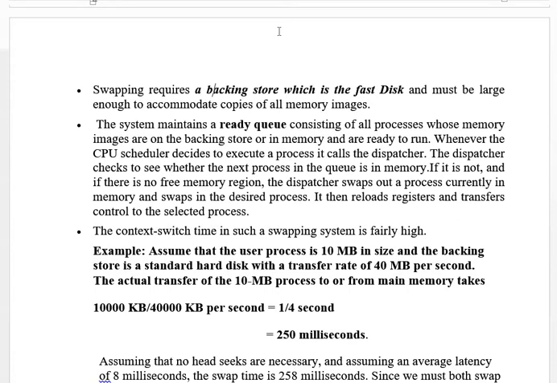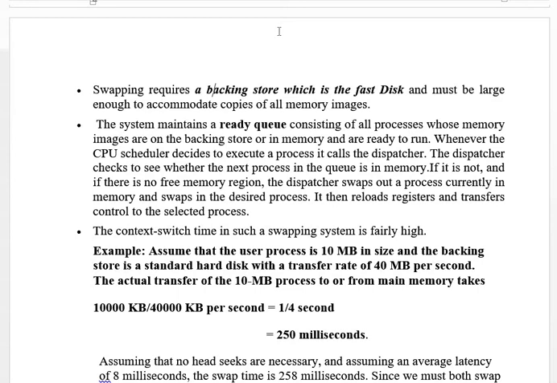Now this dispatcher is going to check whether the next process which has to be executed is in the memory. If it is present, then it can execute that particular process. If it is not present, and also if there is no memory space available, the dispatcher is the one who is going to swap out a process currently in the memory, maybe based on the priority, or which is sitting idle.